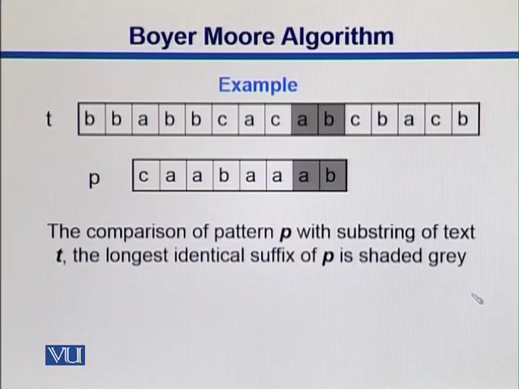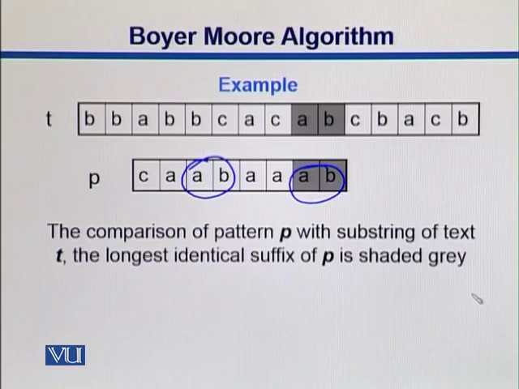Within the pattern, if we start from the right hand side and start moving back, we observe that AB is there. That is the suffix we are taking, the last part of it. And this suffix exists within the pattern here also.